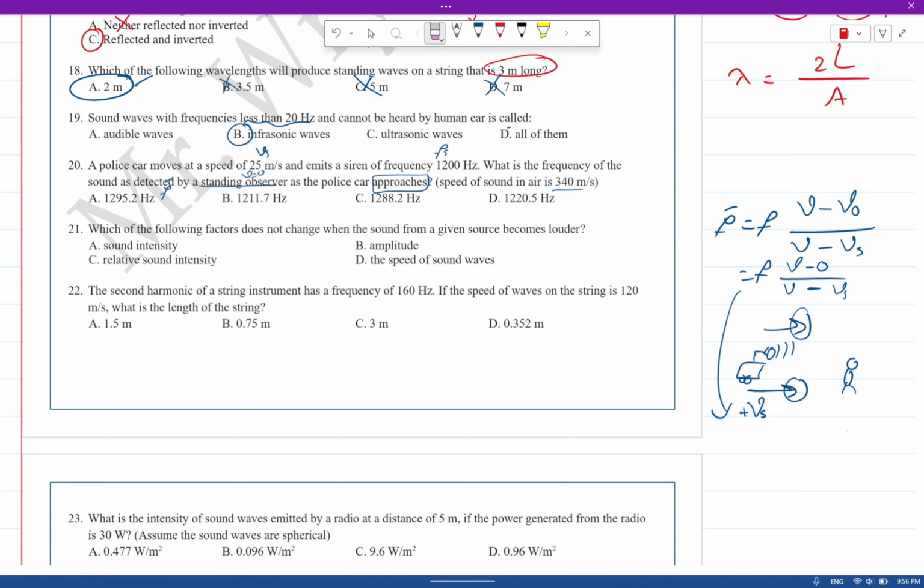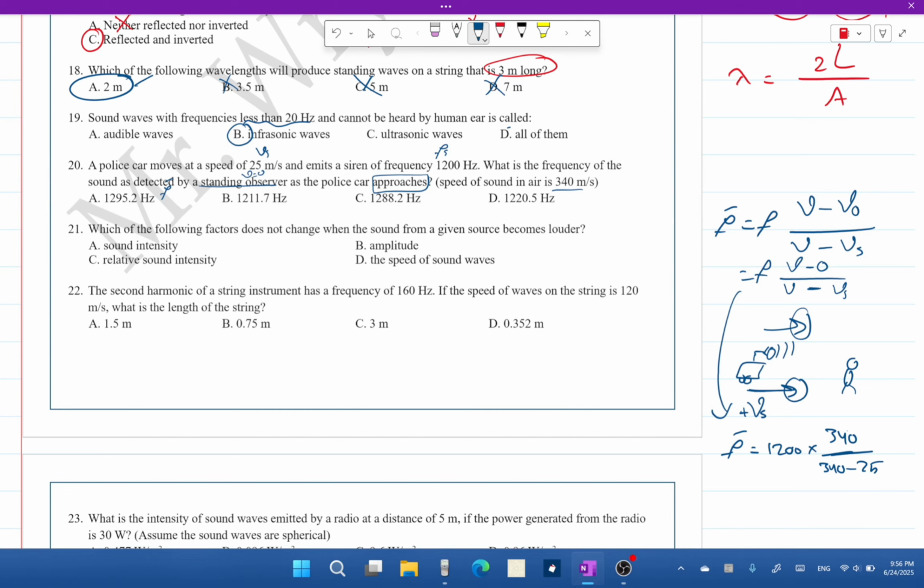Okay, so the frequency that is observed equals the frequency of the source, which is 1200, multiplied by 340, and then minus 0. You don't have to write minus 0 now, and then divided by 340 minus the speed of the source, which is 25 here. Okay, let's do the math.